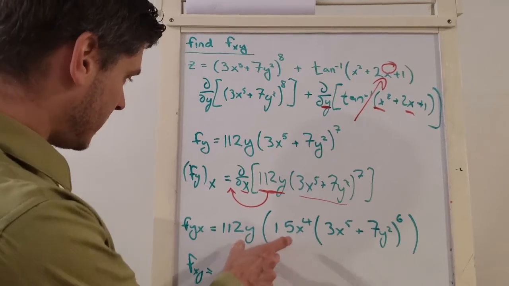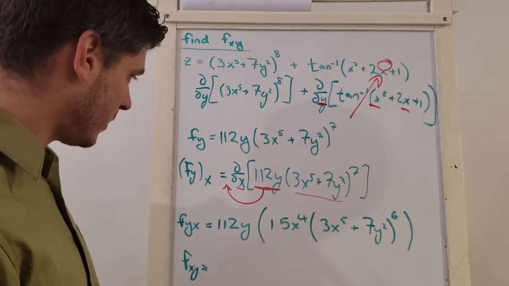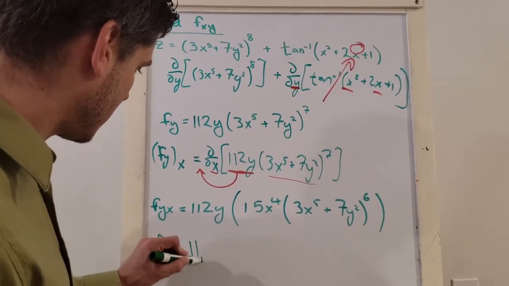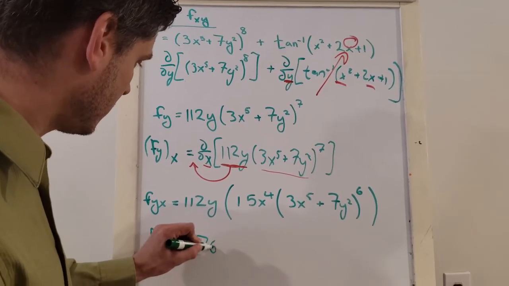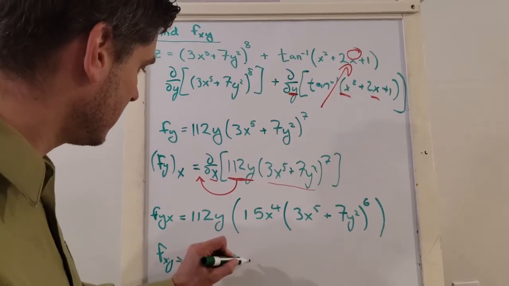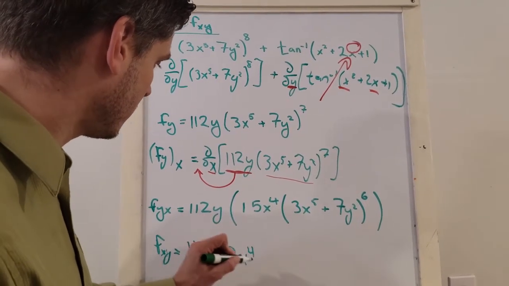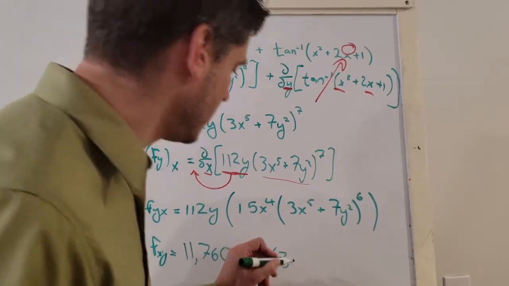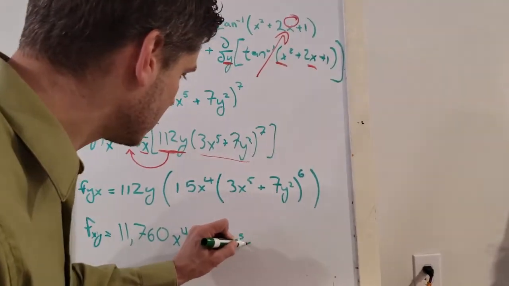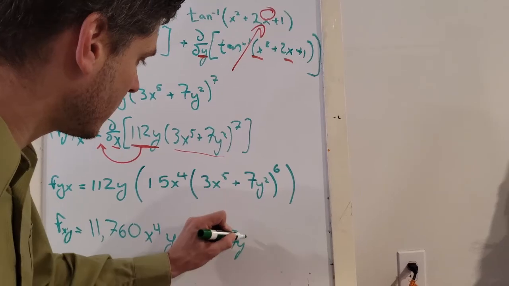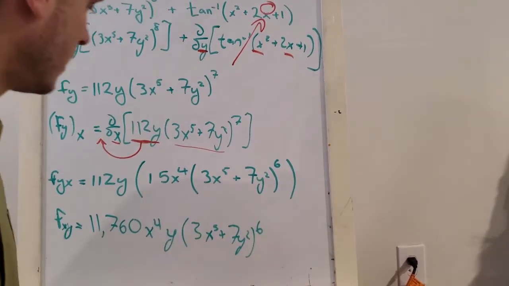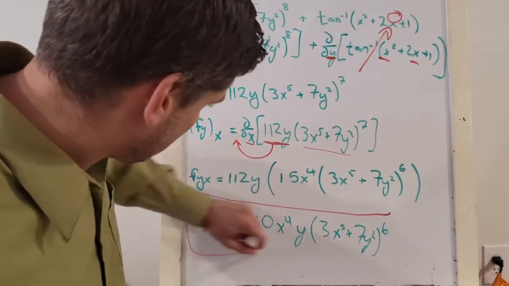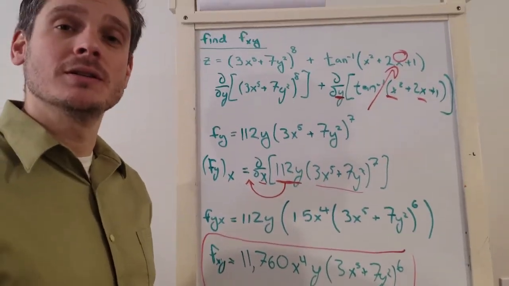When we combine our coefficients, 112 times 15, 11,760, x to the 4th, y, and then my entire quantity, 3x to the 5th plus 7y squared, all to the 6th. And there is the solution to this problem.